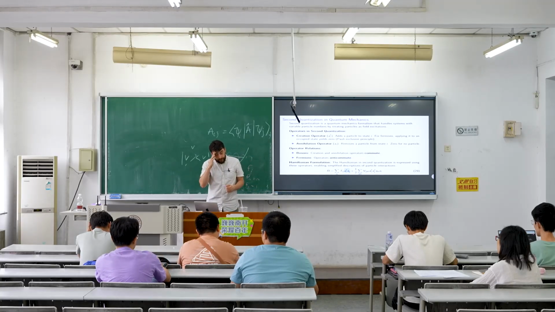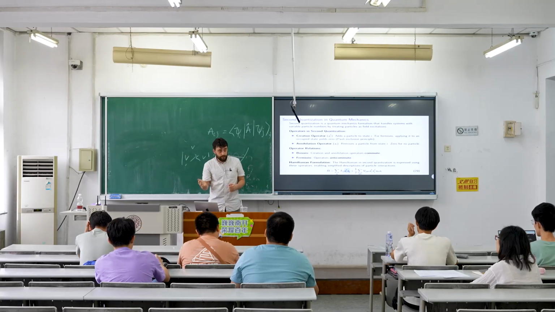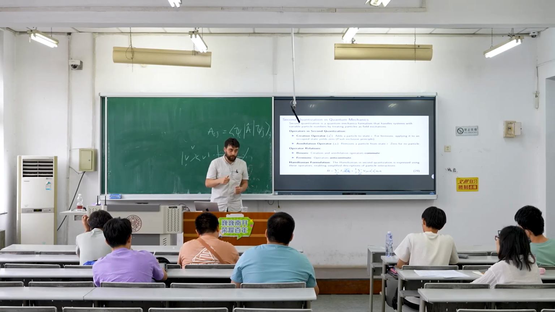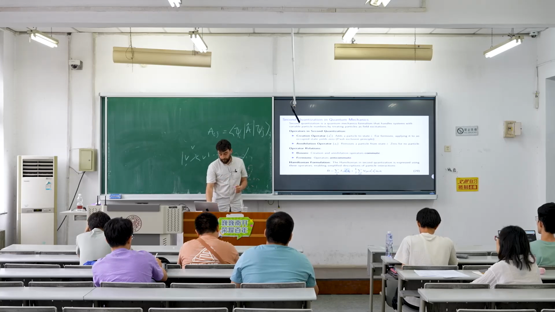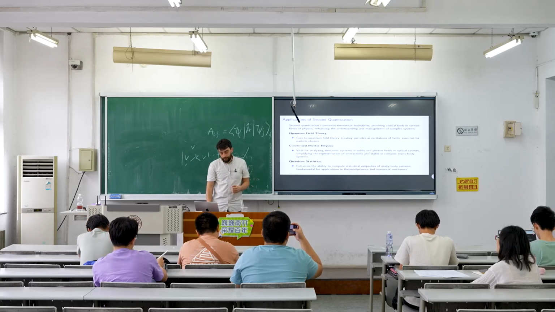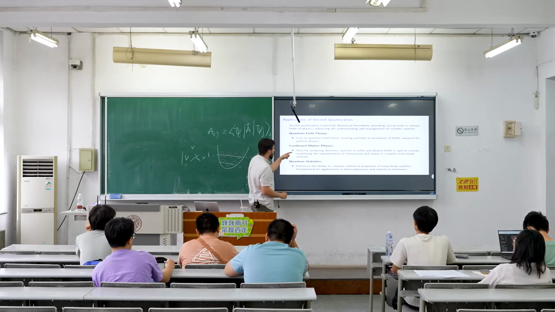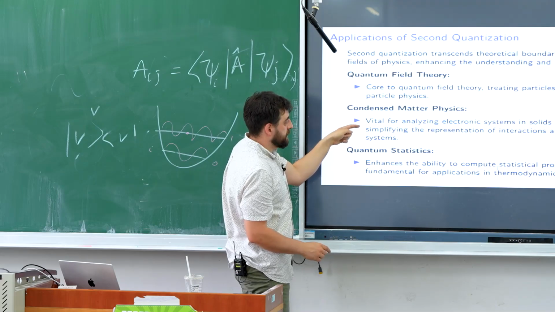But more usefully for us in terms of what we're going to be talking about in DFT, the main thing that we care about is the occupation number, the fact that we can label the states and say how many particles are going to be in a state. So, quantum field theory, sure, but what we care about is condensed matter physics.